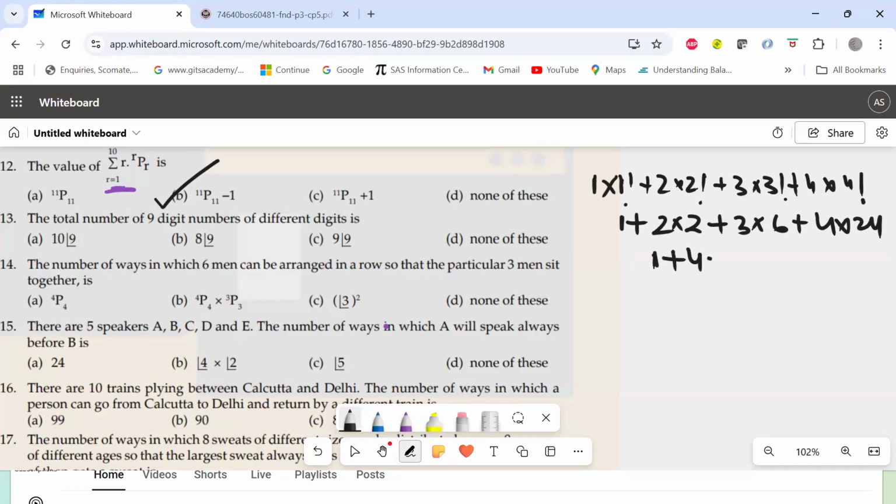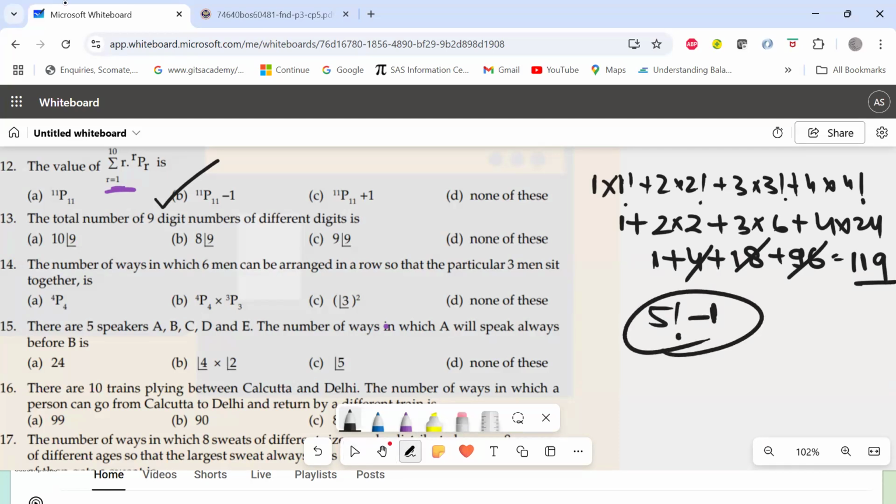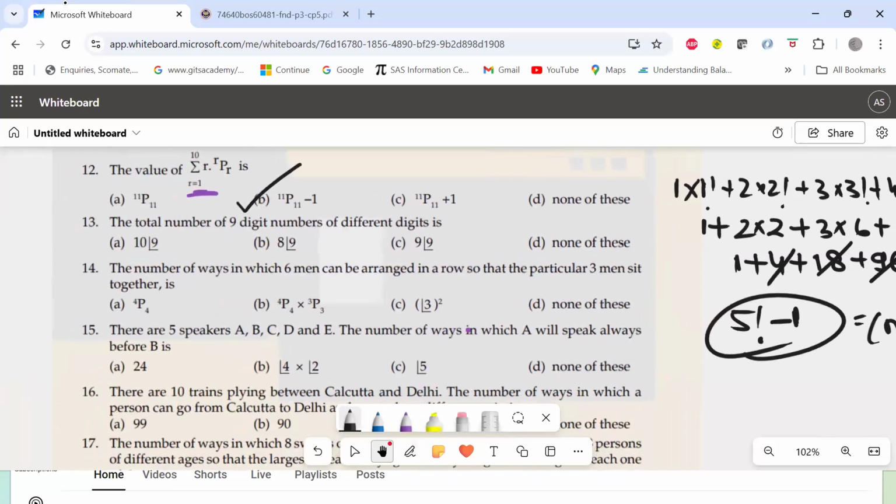So 1 plus 4 plus 18 plus 96 is 119, which is nothing but 5 factorial minus 1. This is what I was trying to say. If you go till n into n factorial, the answer would be n plus 1 factorial minus 1. You can take any number: if you go till 5 into 5 factorial, the answer would be 6 factorial minus 1. So you can remember this.